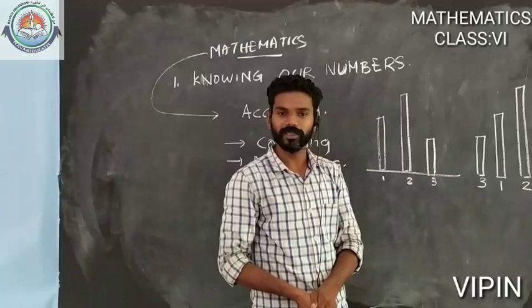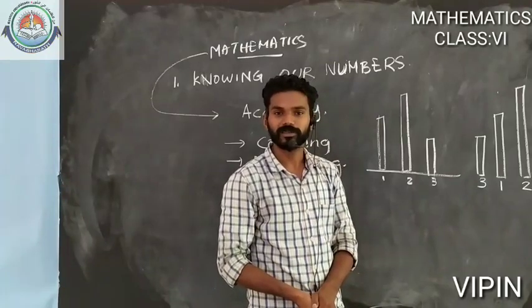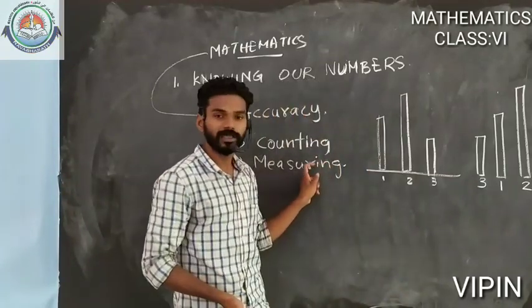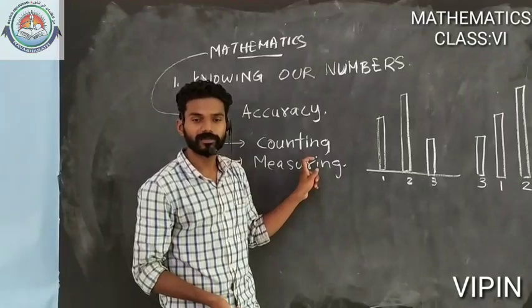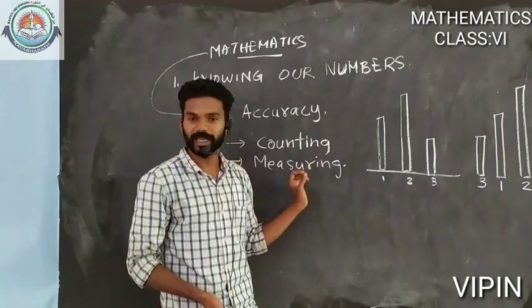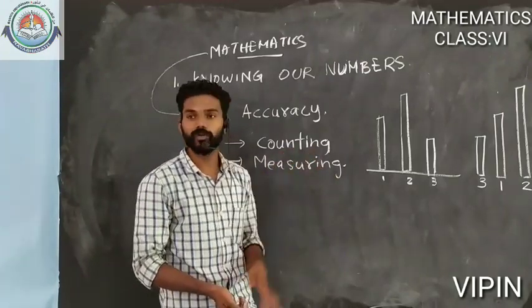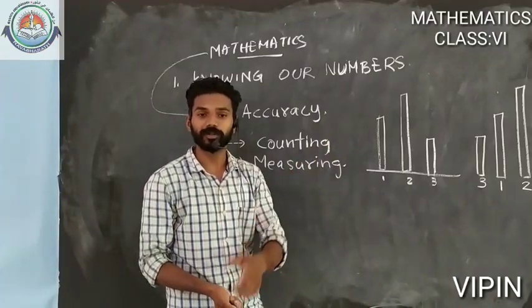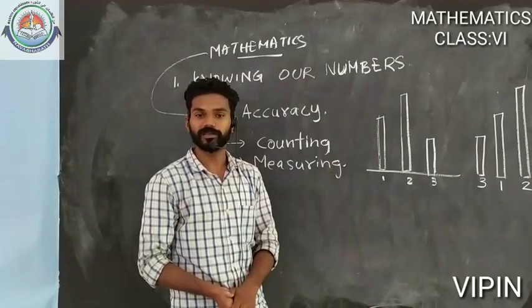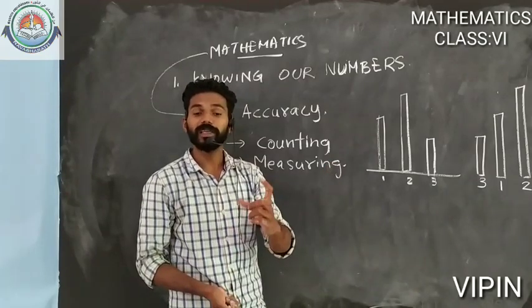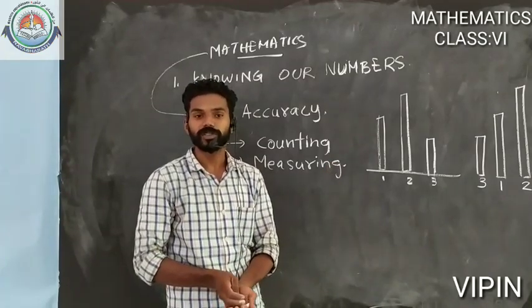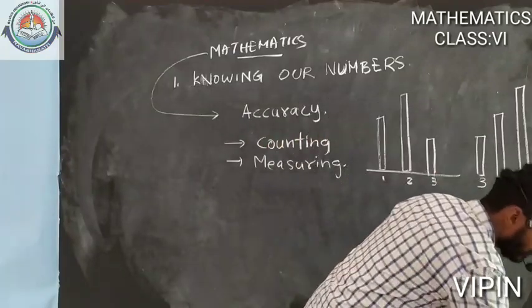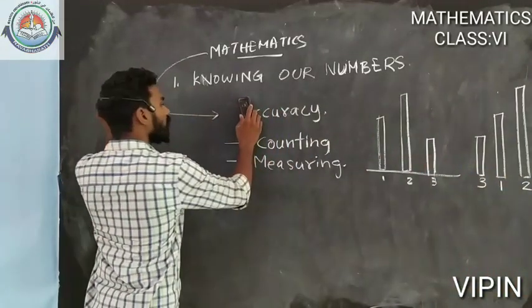So, for convenience, for easiness, the measured length or the measured data or our countings can be labeled, represented or recorded by a number system. So here we come to the number system.